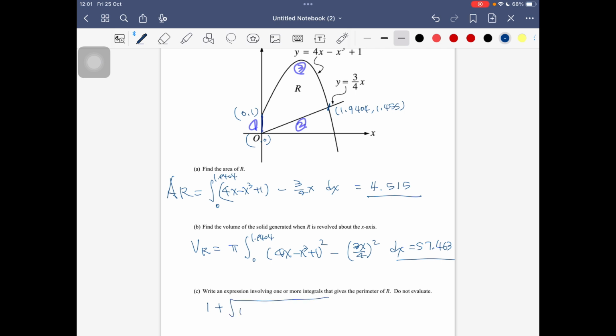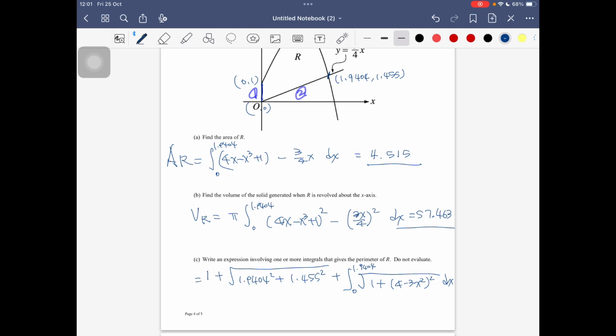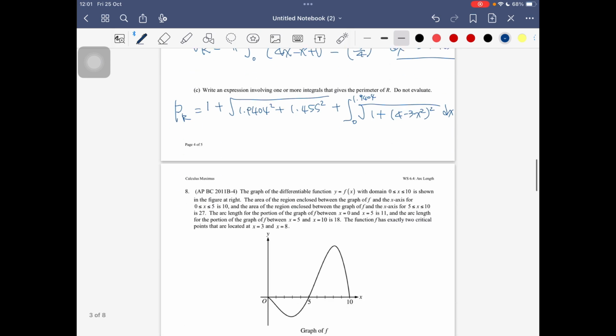So 1.9404 squared plus 1.455 squared, plus the last 3. This should be from the arc length formula, the integral of square root of 1 plus (4 minus 3x squared) dx from 0 to 1.9404. That's the one. So this is the perimeter of R.